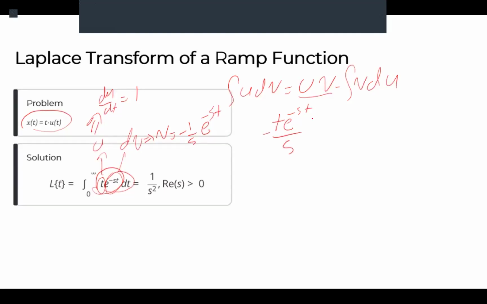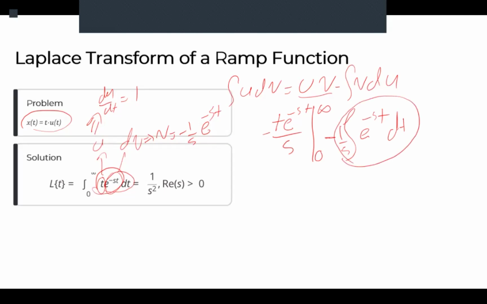There's a minus here too, from 0 to infinity, minus the integral of v, which is 1 over s, and that can go outside because the integral is over t, e to the power of minus st, and du is 1 dt. Are we good?